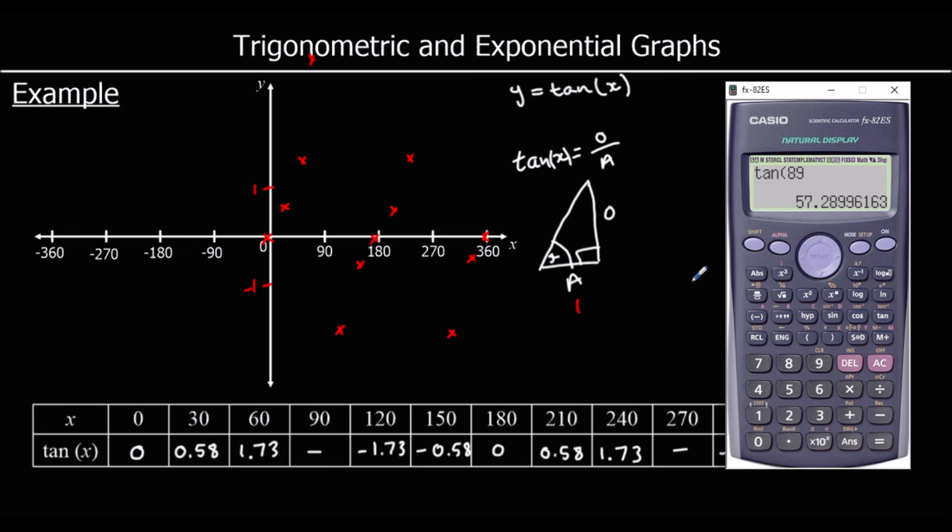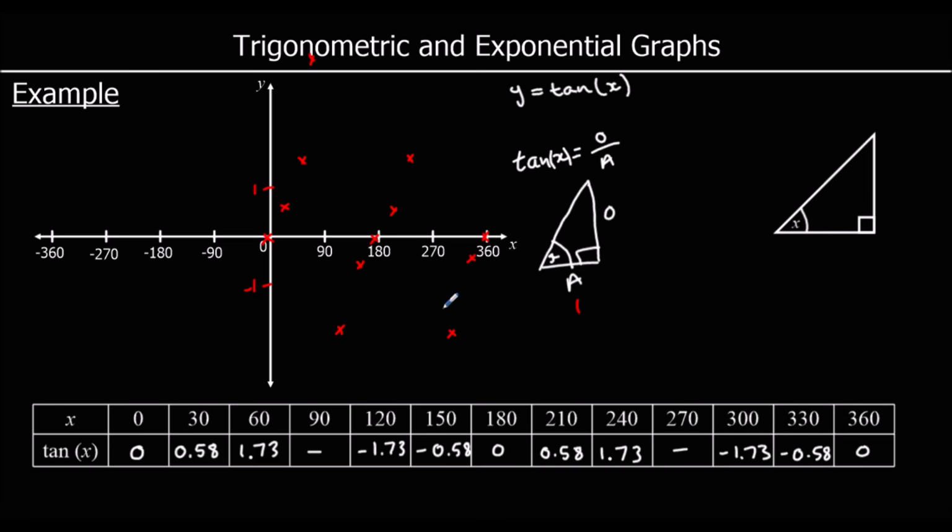And what actually happens is it just gets bigger and bigger. So the closer and closer we get to 90, the bigger the answer we get, but we never reach 90. We get something called an asymptote. So we've got this dotted line here at 90, and our graph gets closer and closer to it, but never touches it.